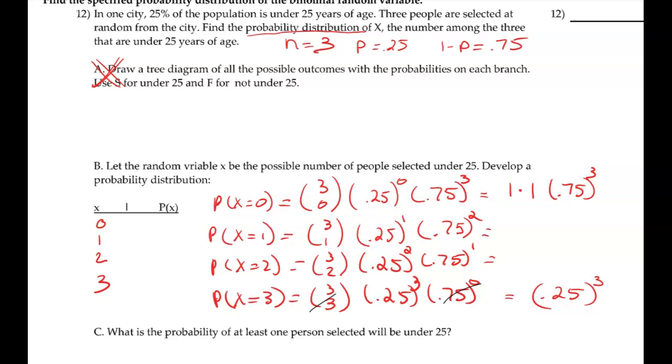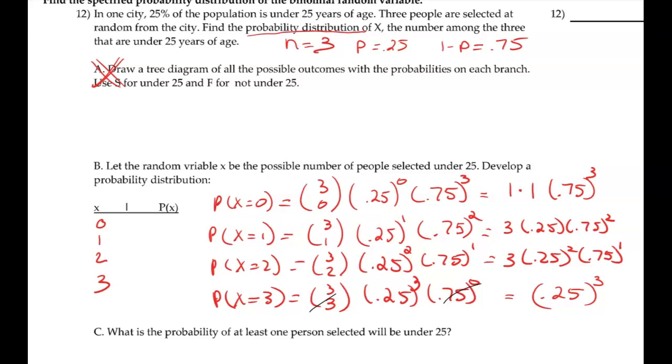And then you can go through and do 3 choose 1, and work all these out. Okay, it ends up being 3 times 0.25 to the first, 0.75 squared. And 3 choose 2 is 3 again. This time it's 0.25 squared. All right, so you just got to work all those out.